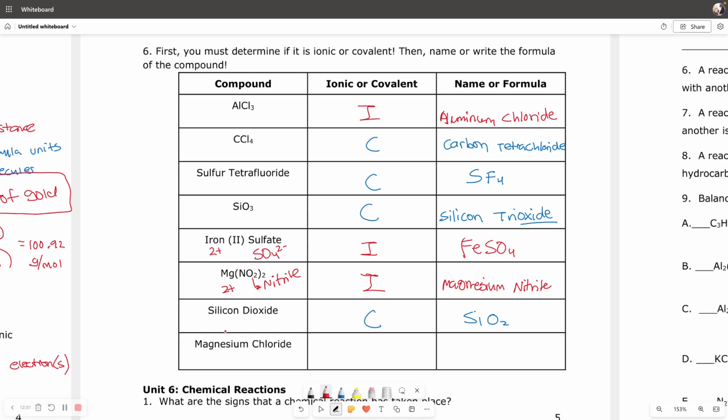Last but not least, we have magnesium chloride. Magnesium is once again a metal, as we saw up above here. And chloride is a nonmetal. So this is going to be ionic. And we first determined the charge of magnesium as 2+, because it's in group 2. And chloride as 1-, because it's a halogen.